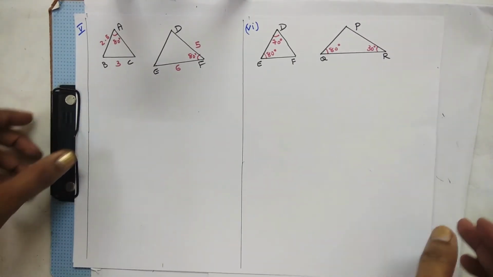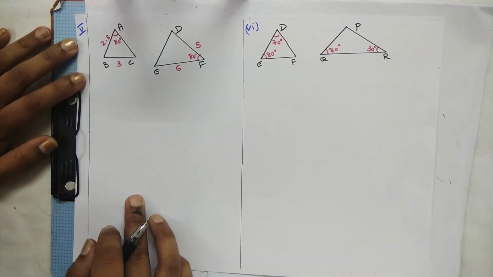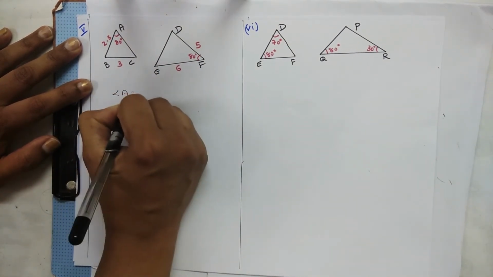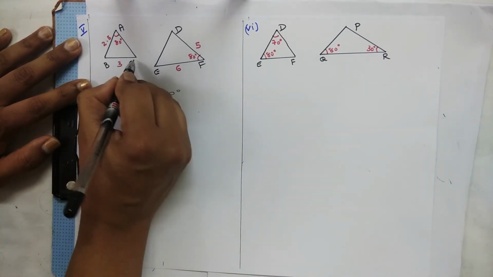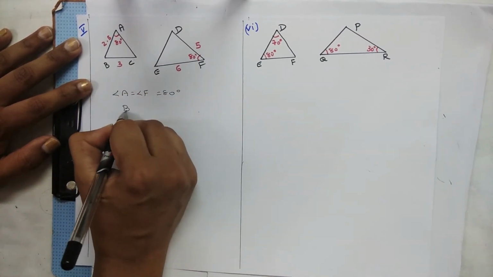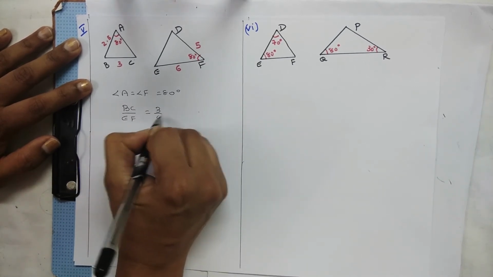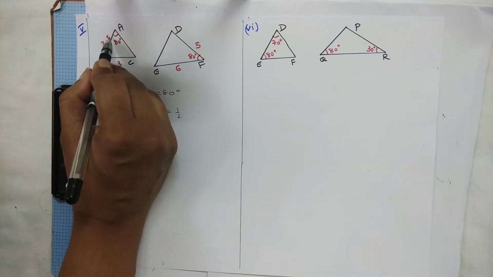fifth question. Here also we have to check corresponding sides, but here you see angle A is equal to angle F, corresponding angles. And this side also we can take BC by EF is equal to 3 by 6, it is 1 by 2. But see here, this is not the included angle.